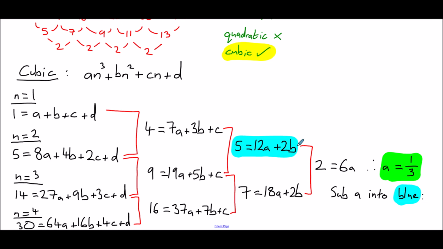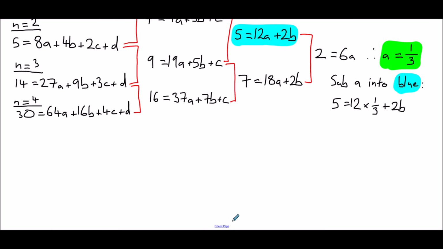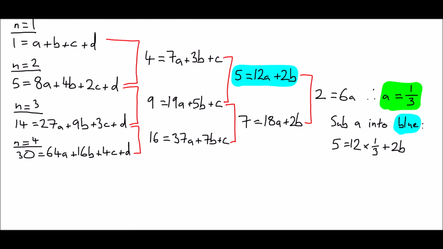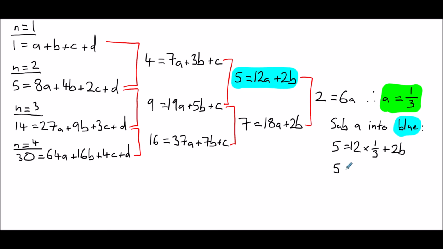This now becomes 5 equals 12 times a, so 12 times a third, plus 2b. So 5 equals 12 times a third is 4, so 4 plus 2b. That can now be rearranged. We now get that b must be a half.